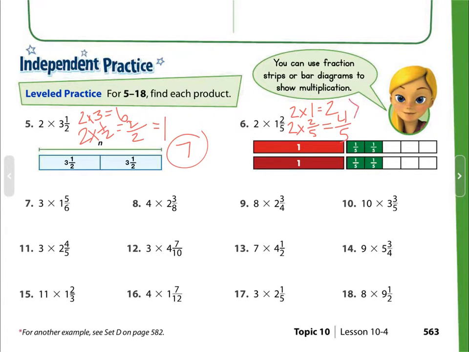So I can combine 2 and 4/5 to make 2 4/5 as a mixed number. Easy as that.